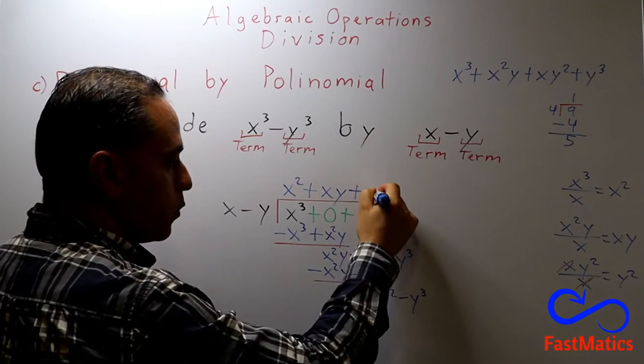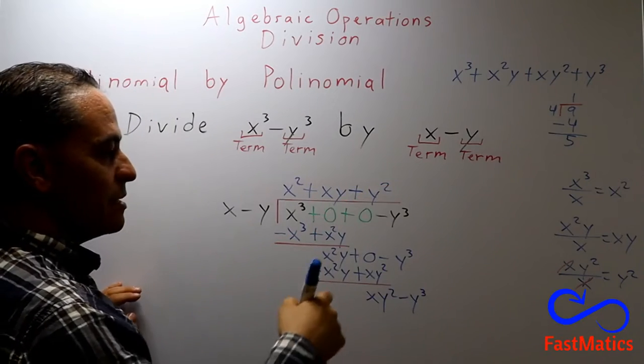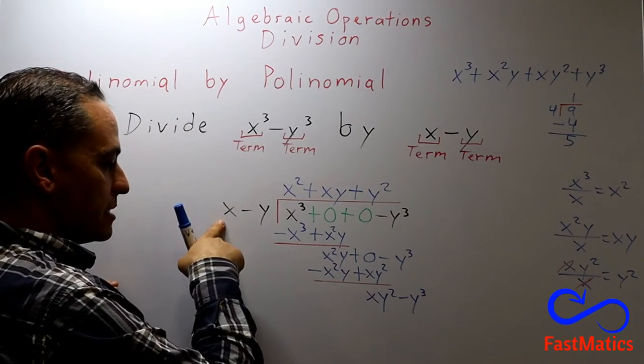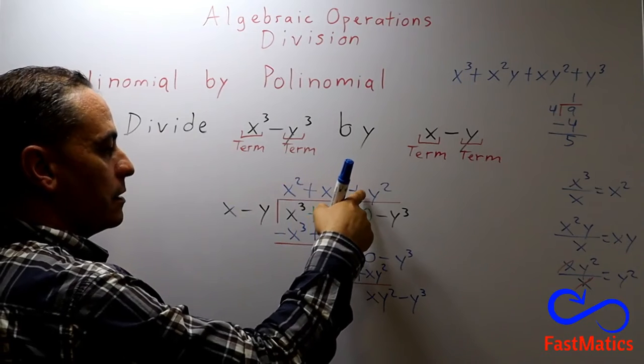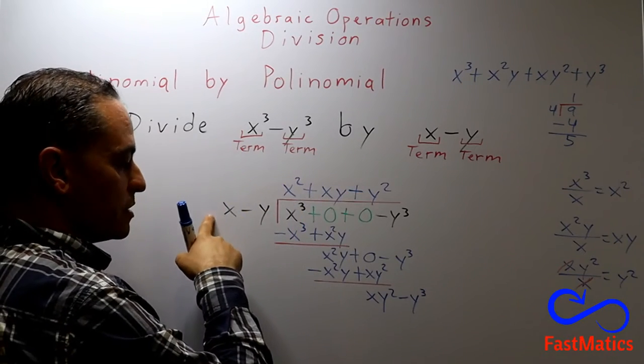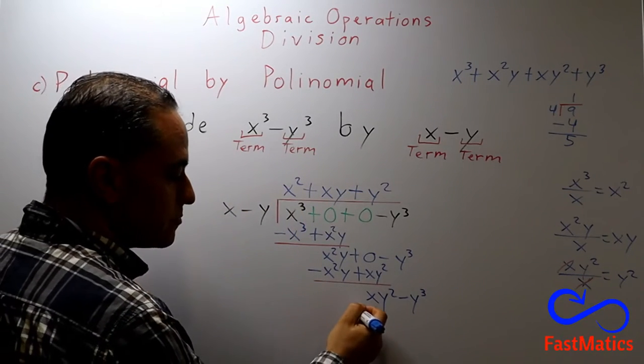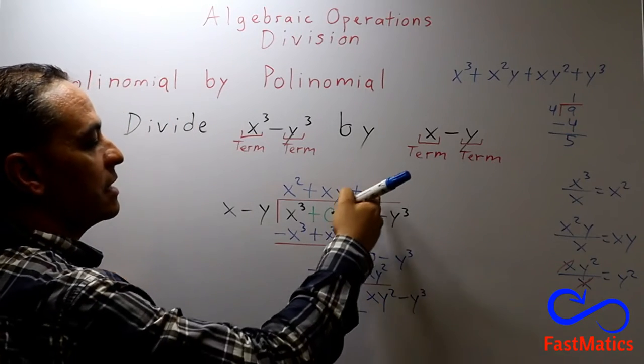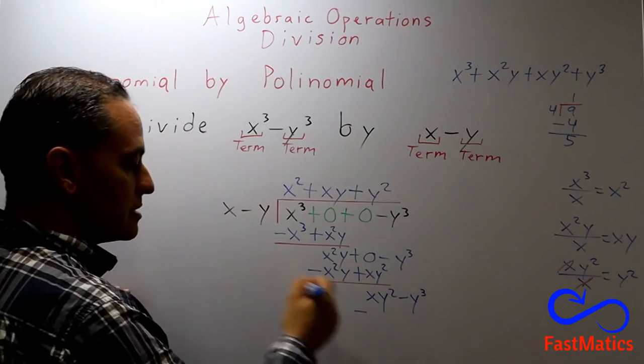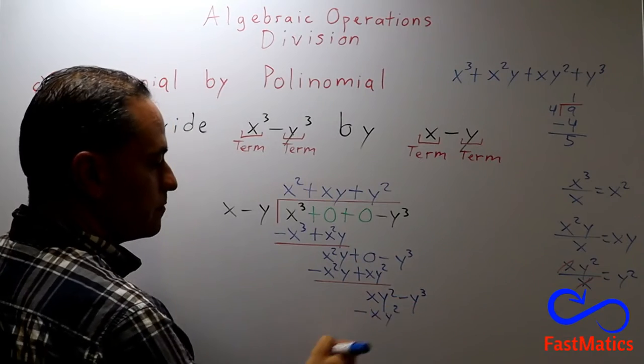So y squared is going to be multiplied by x and by y. Positive times positive, positive, but you are going to subtract, so you change to negative. y squared times x, xy squared.